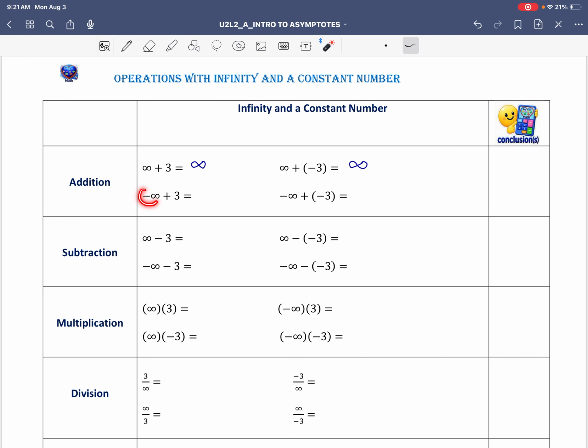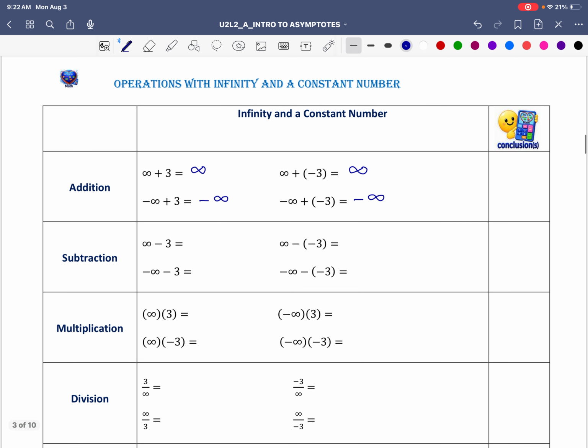If we have negative infinity and we add a positive, it will stay negative infinity. And if we have negative infinity and you add another negative number, it will become a heavier negative infinity, still negative infinity. Subtraction works in a similar way as addition.